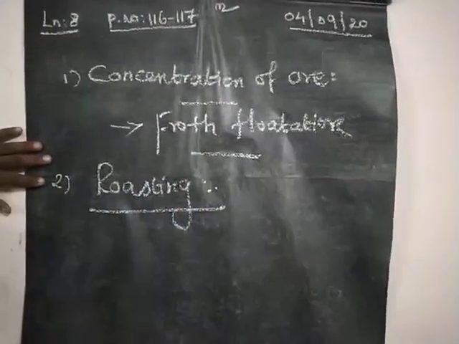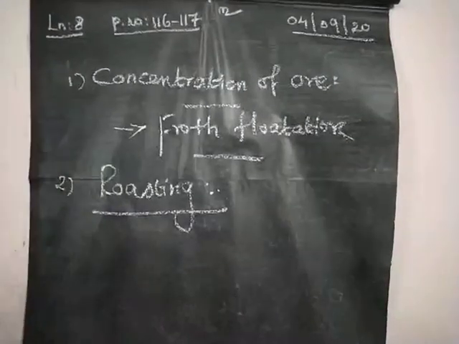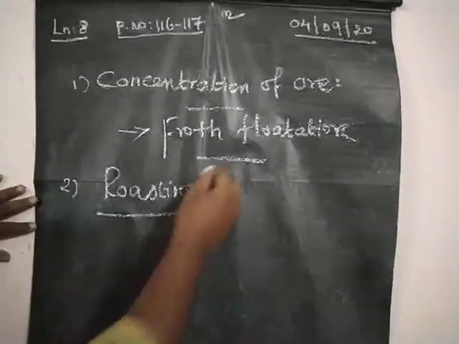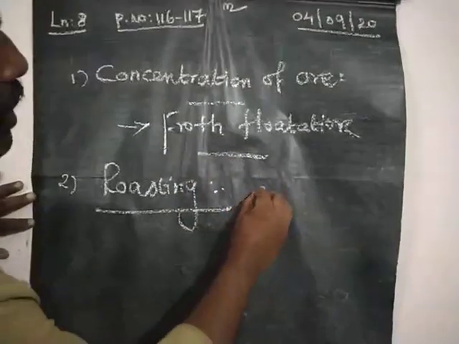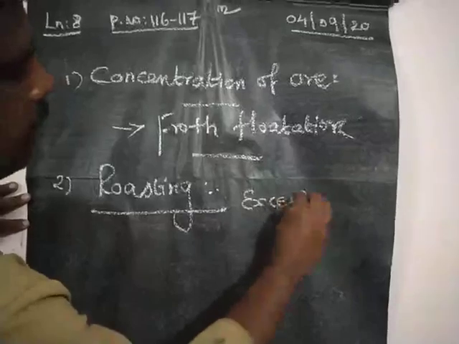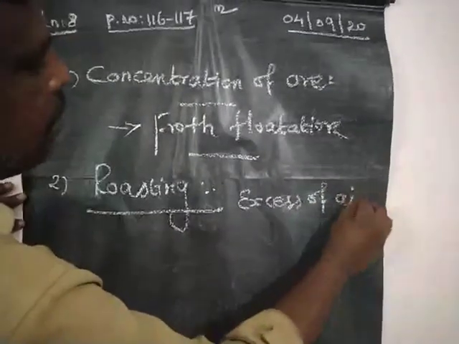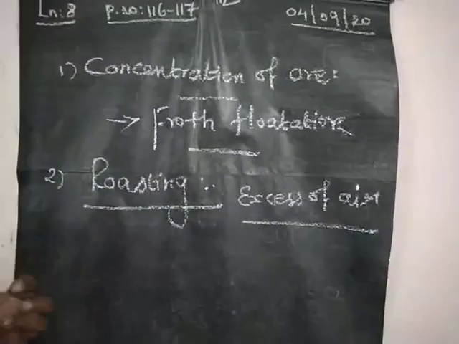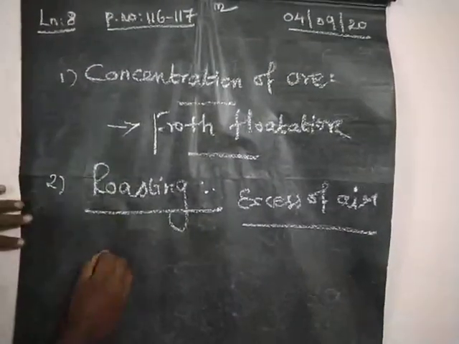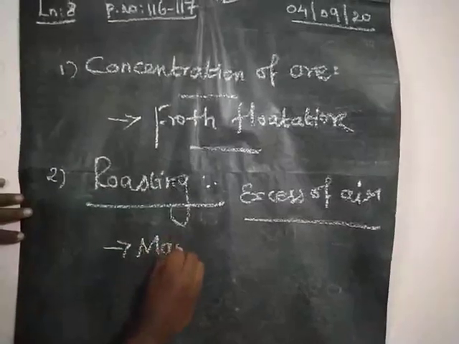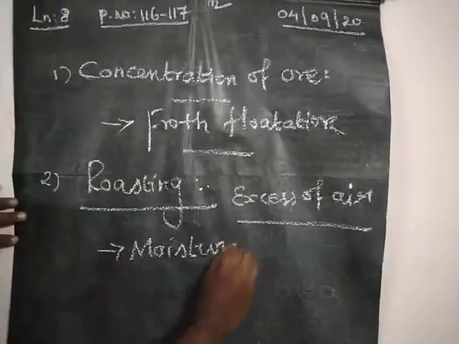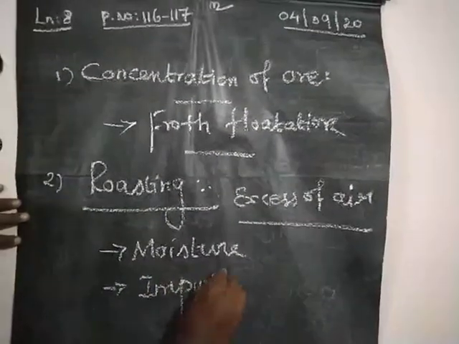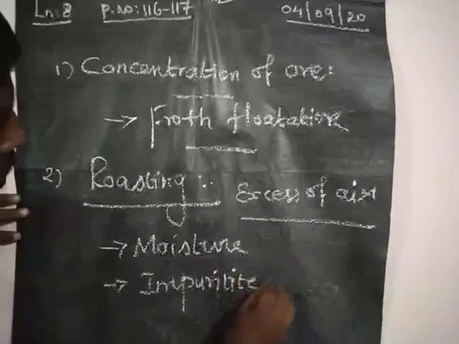Second, roasting. What is meant by roasting? The concentrated ore is treated with excess of air. During roasting, moisture and volatile impurities are removed.